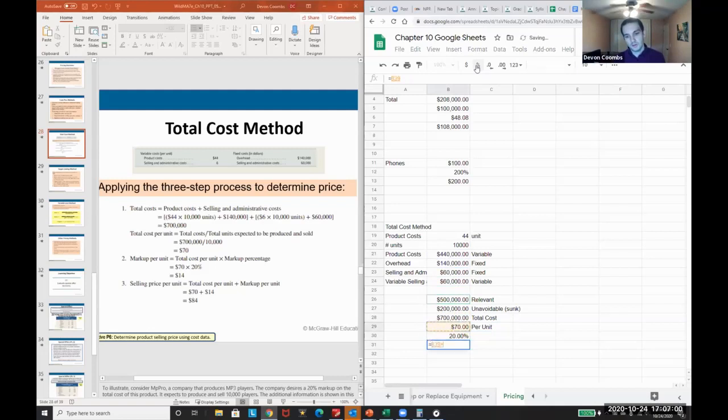What's our markup we want? A 20% markup, which is 14. Markup percentage, markup dollar. And then we add this to our total cost per unit. And this is we get our final price. So that's another way that we can determine pricing.